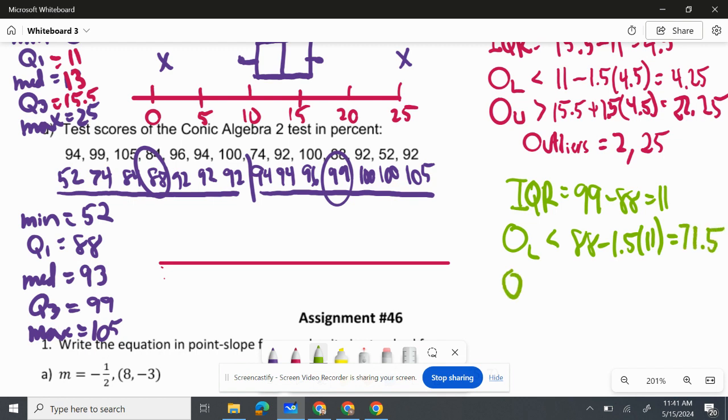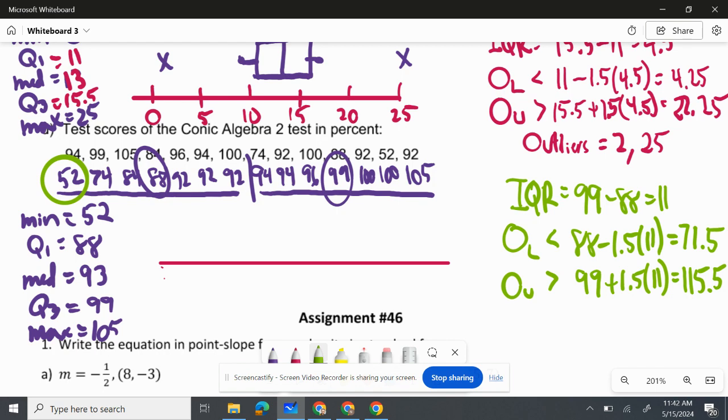And then our upper outlier is anything greater than 99 plus 1.5 times 11. And that right there would be 115.5. And so we see that we have an outlier at 52.